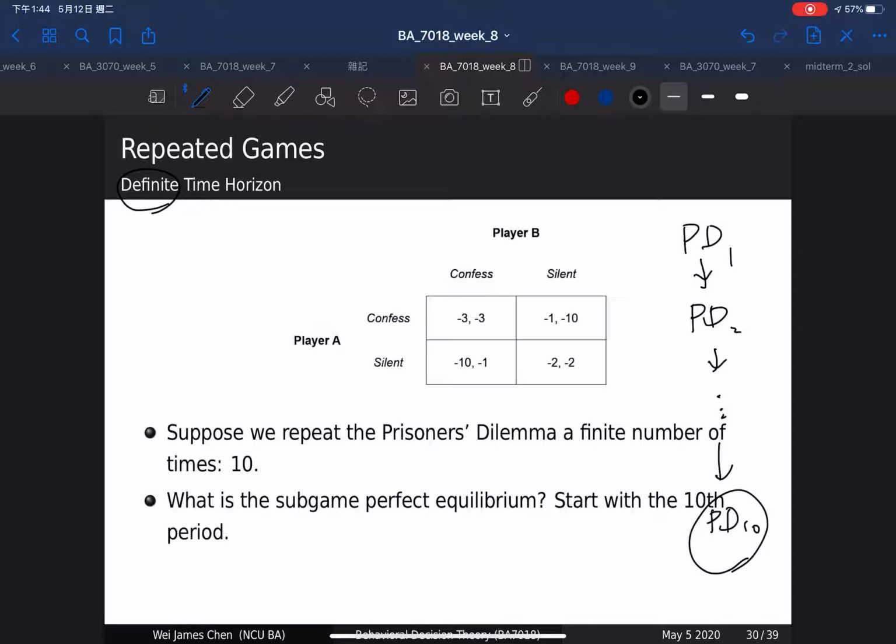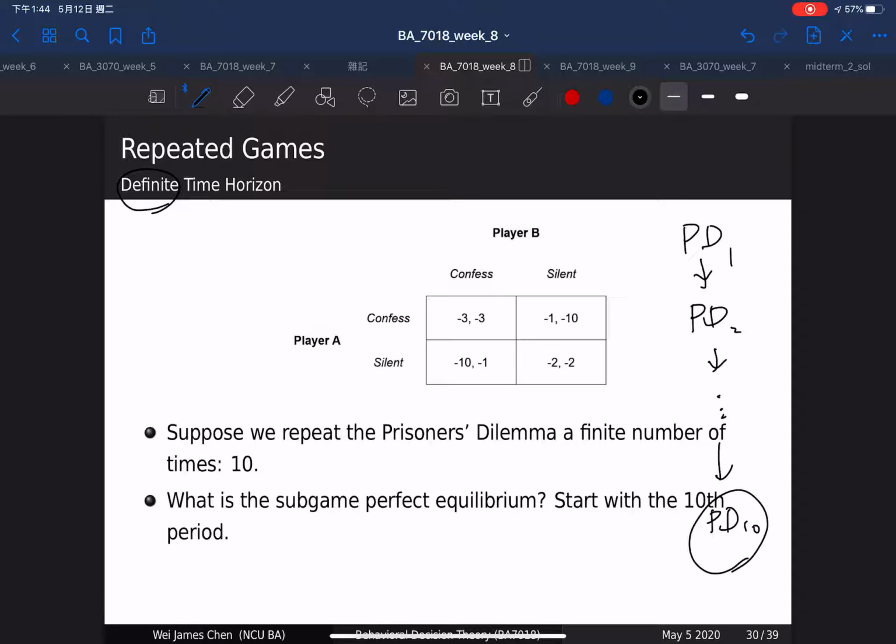Okay? And then if both people will confess in the last round, in round 10, the backward induction would then take you to round 9, right? And if you know this person is going to betray you, confess in the next round, what would you do in round 9?